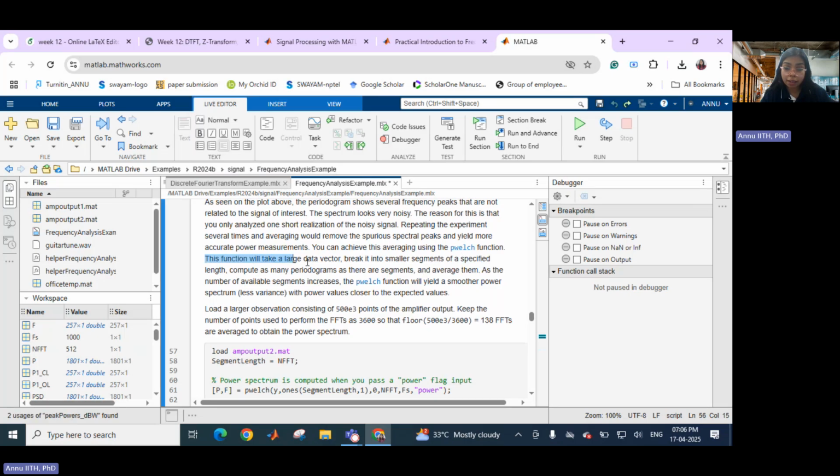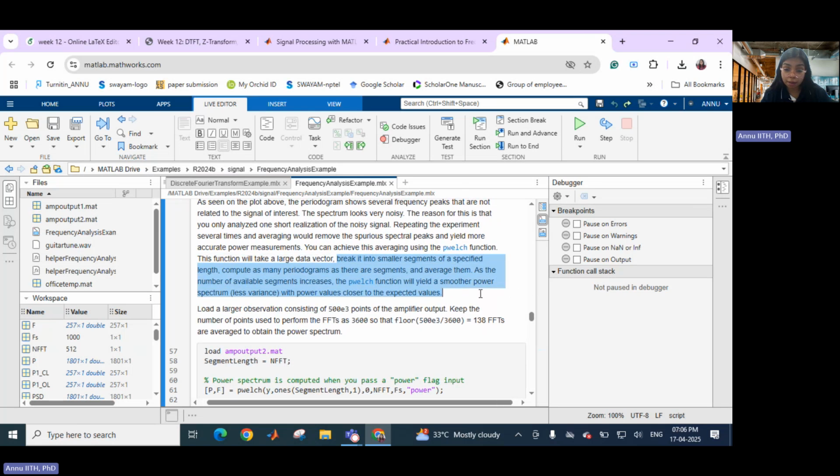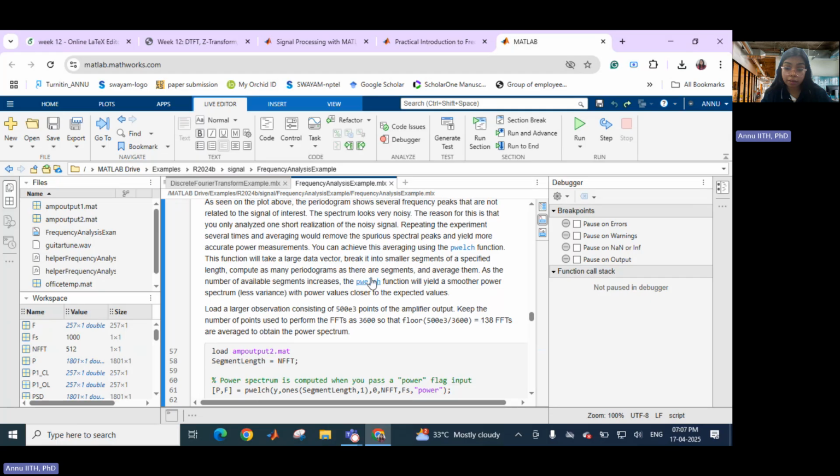This function will take a large data vector, break it into smaller segments of specified length, compute as many periodograms as there are segments, and average them. As the number of available segments increases, the pwelch function will lead to a smoother power spectrum with less variance, with the power values very close to the expected values.